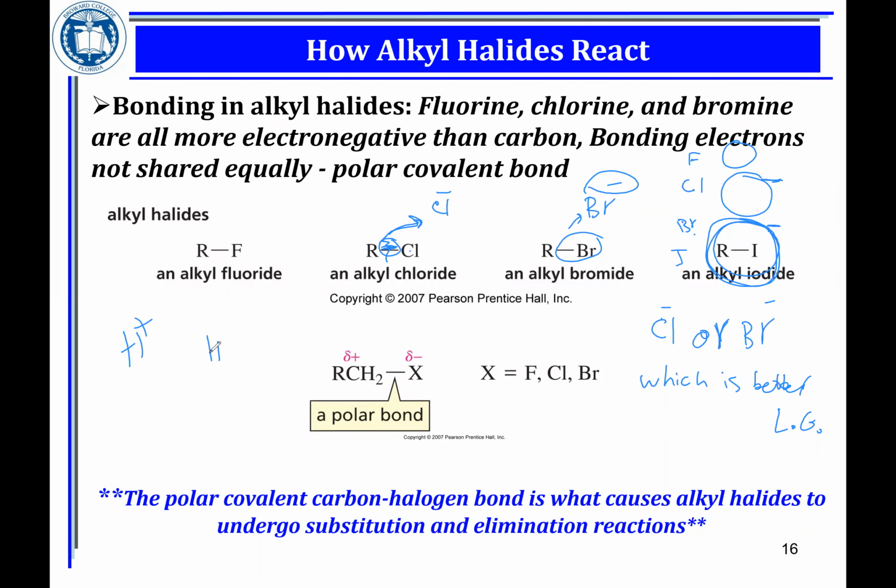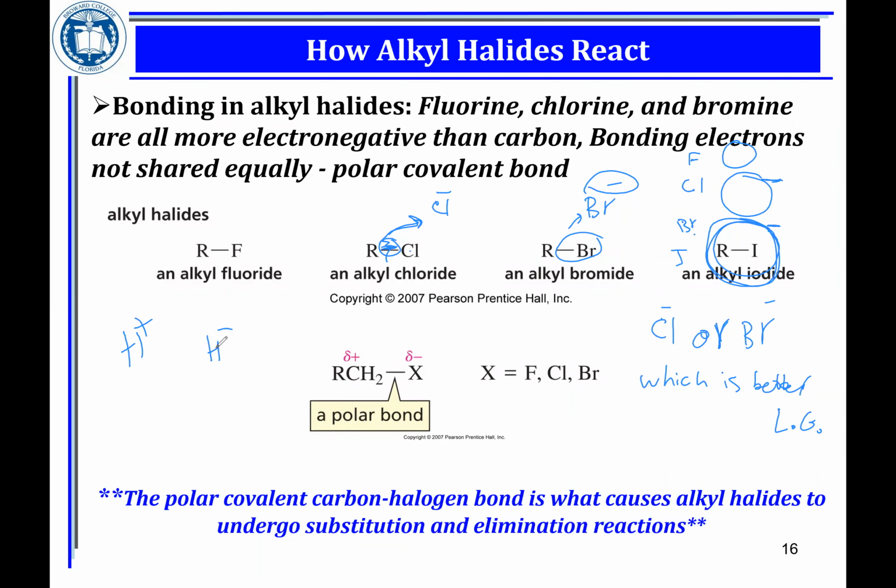H minus either. How could you have H minus walking around? Because it's such a small nucleus with 2 electrons on it, there's not enough force from the nucleus to attract those 2 electrons. It's just 1 proton, and now it's going to be divided in half to attract 2 electrons.